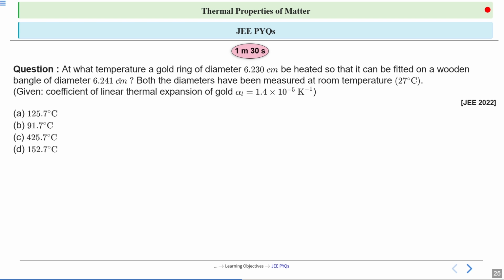So here you have to find the temperature at which the gold ring becomes the required diameter. The options are: option A, 125.7 degrees Celsius; option B, 91.7 degrees Celsius; option C, 425.7 degrees Celsius; and option D, 152.7 degrees Celsius. Which option is correct? Please solve this question. You have some time.